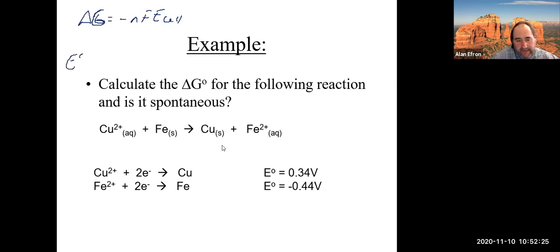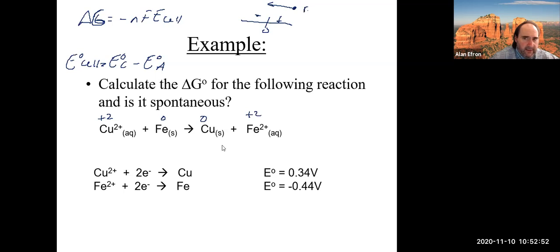Again, our E of the cell is going to be our E of the cathode minus E of the anode. When we look at the actual reaction, since it's given to us, our copper is going from +2 to 0, and our iron is going from 0 to +2. Our copper, starting at +2 and ending at 0, is being reduced, so it would be our cathode.